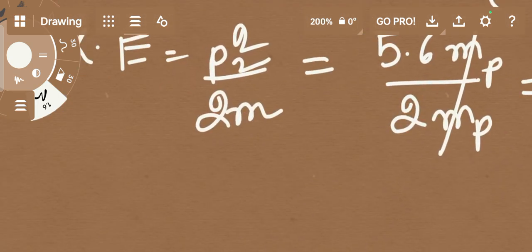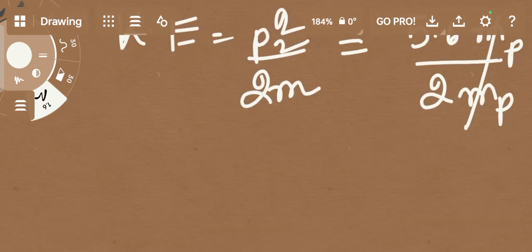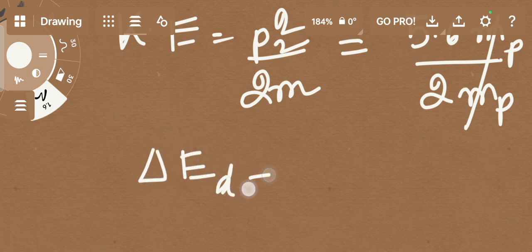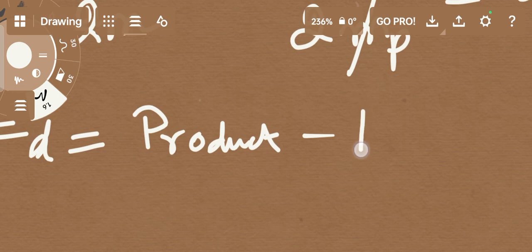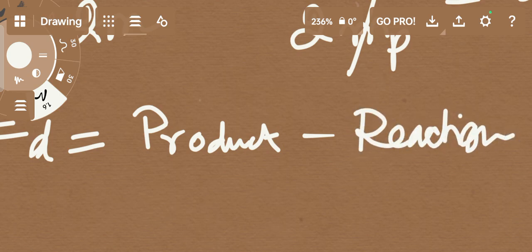Now we have to find the dissociative energy. Dissociative energy is the energy difference between product minus reactant. It is the energy lost after forming the product, compared with the energy of the molecule, right?